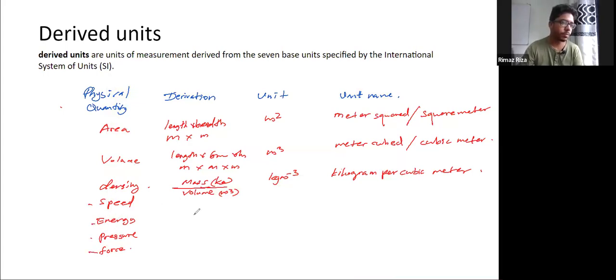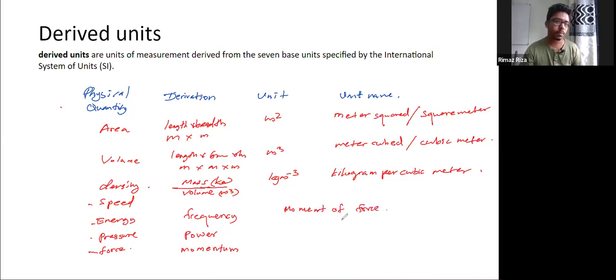Speed, energy, pressure, force, frequency, power, momentum, moment of force. Okay, so please include this in your chart, in your writing book, and if you know other quantities also, you may add them. Right. So this part you have to do later.